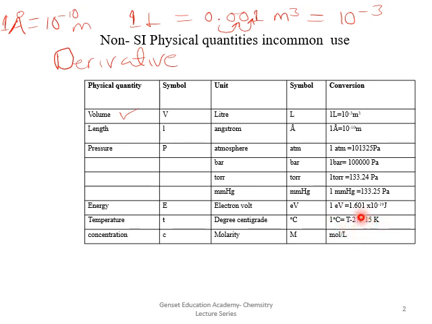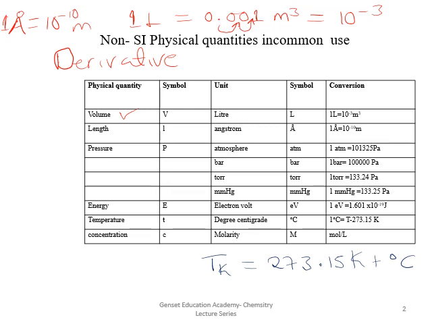If you want to find the temperature in Kelvin, it is 273.15 plus whatever you find in degrees Celsius. This is the commonly used unit as we go forward.